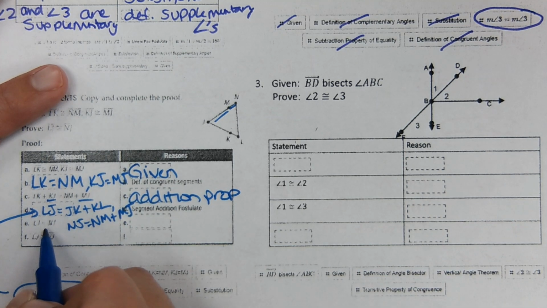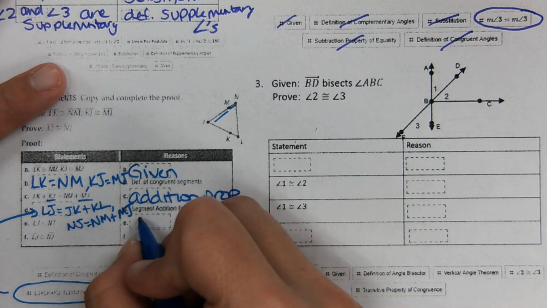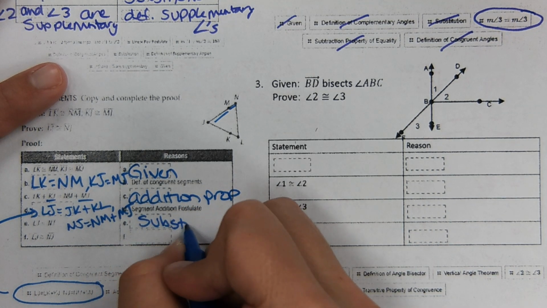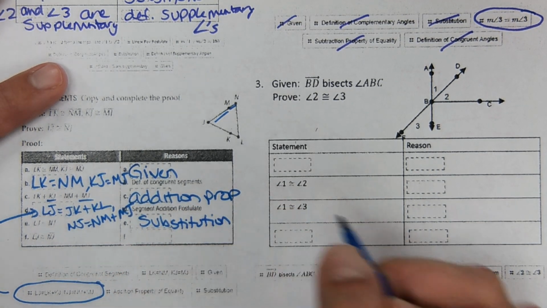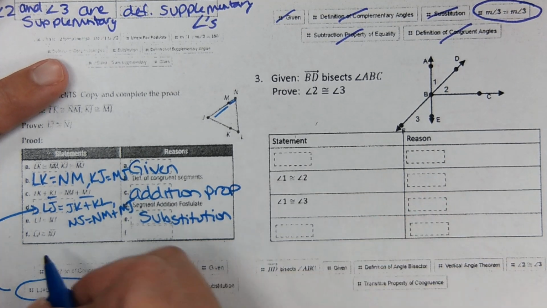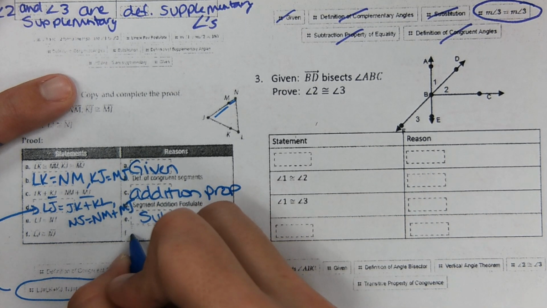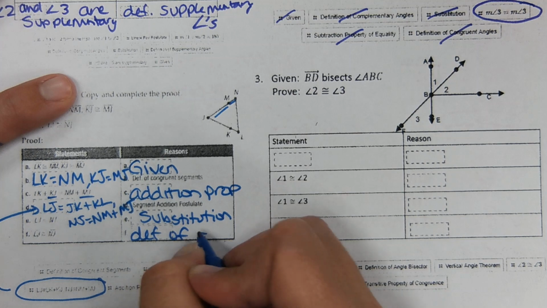Then it says LJ equals NJ. They're using substitution. And then if it's equal, then it's congruent. So definition of congruence.